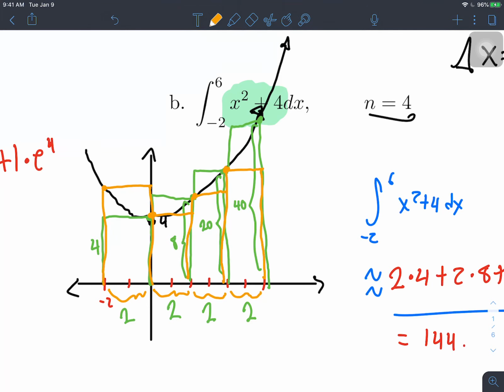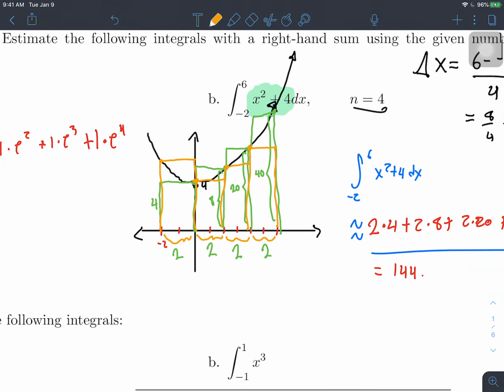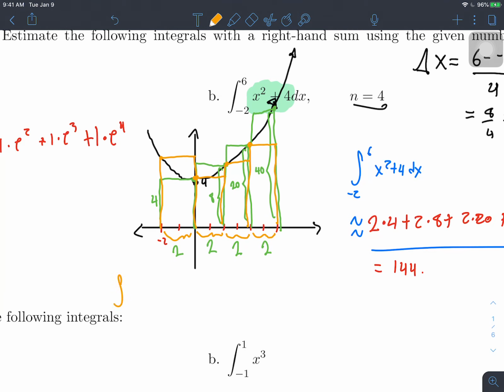I would get that the integral from -2 to 6 of x squared plus 4 is approximately equal to, let's see, -2 squared plus 4.